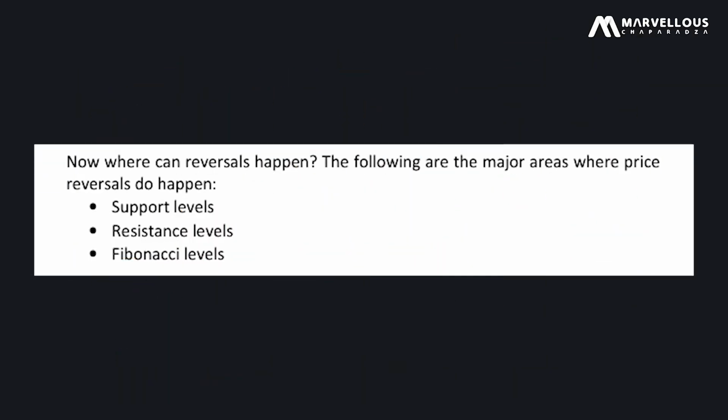So from everything you have learned so far, now where can reversals happen? You see that the reversals that we have looked at were often happening on support levels or resistance levels. You don't have to worry about the Fibonacci levels because we will cover those in the next episodes.